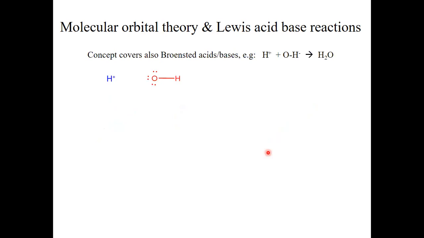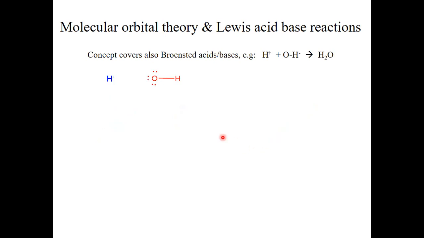So the Lewis acid base concept is a very general, very powerful concept that includes also the Bronsted acid base concept, as well as the Arrhenius acid base concept. And here are just a very few examples.